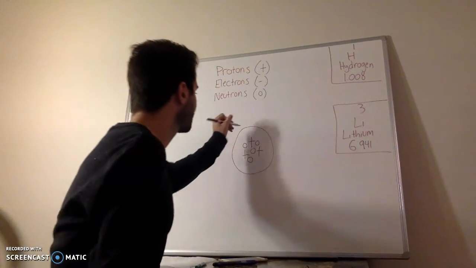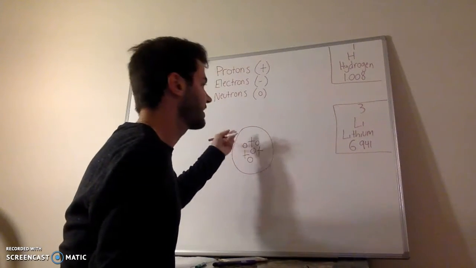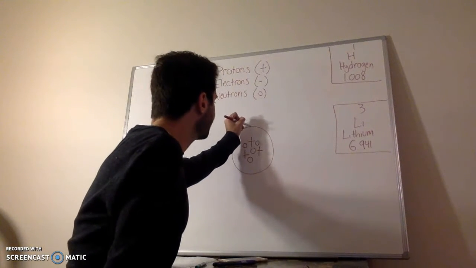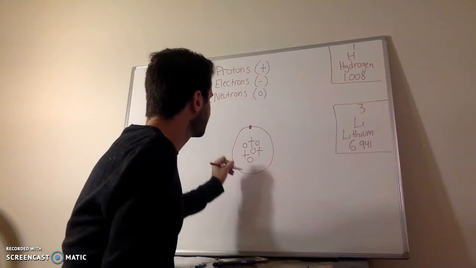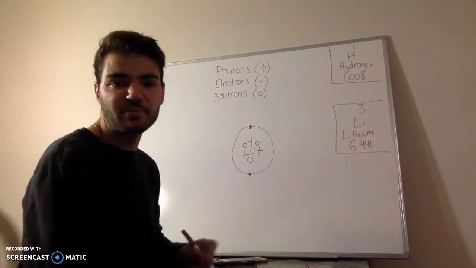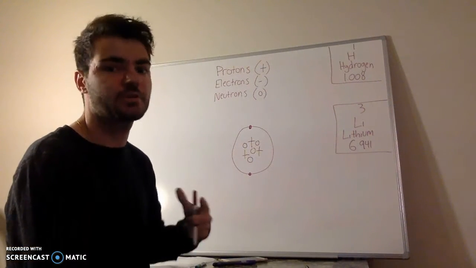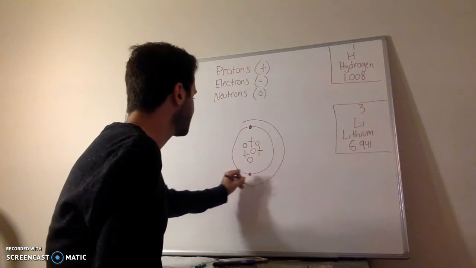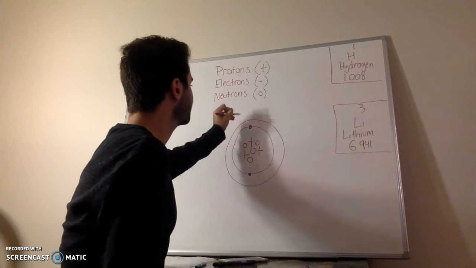Since we have 3 protons, we should have 3 electrons. Our first ring, if you can remember, can hold 2 electrons. Once we fill that first ring, or first shell, we have to go to a second one. The second one can hold 8, but we're only going to need to use 1.